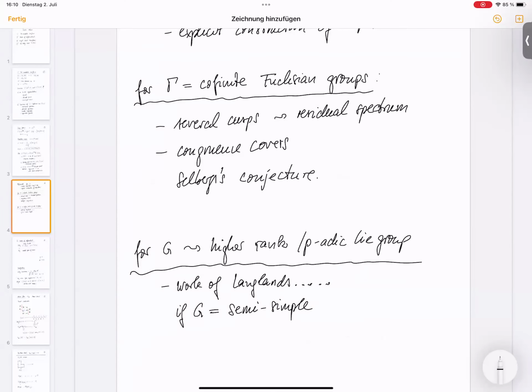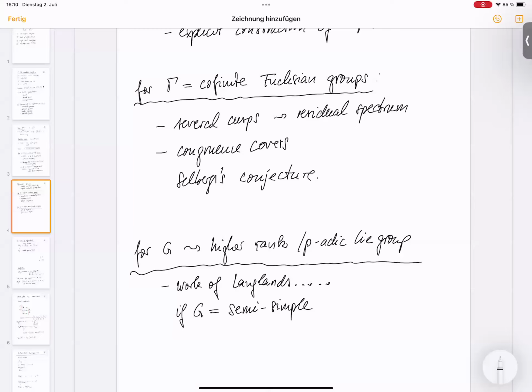You can change the group SL2Z for other cofinite Fuchsian groups, where several cusps enter the picture, and then the residual spectrum and the scattering matrix enter the picture. You can go to covers and see what that does, for example the congruence covers and what that does to the spectrum and the lowest eigenvalue.